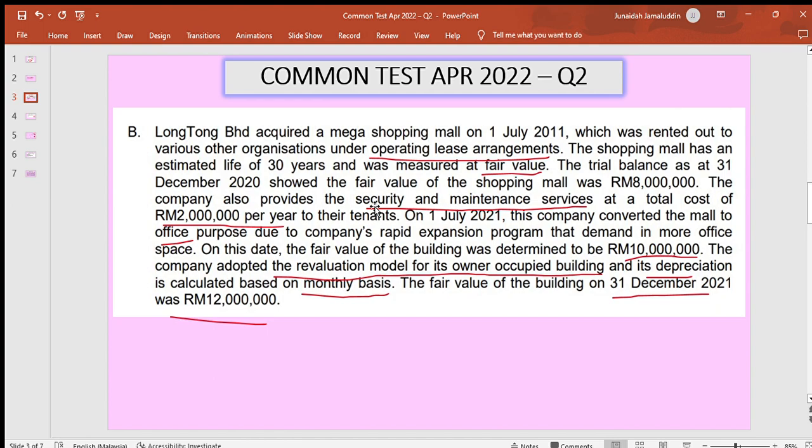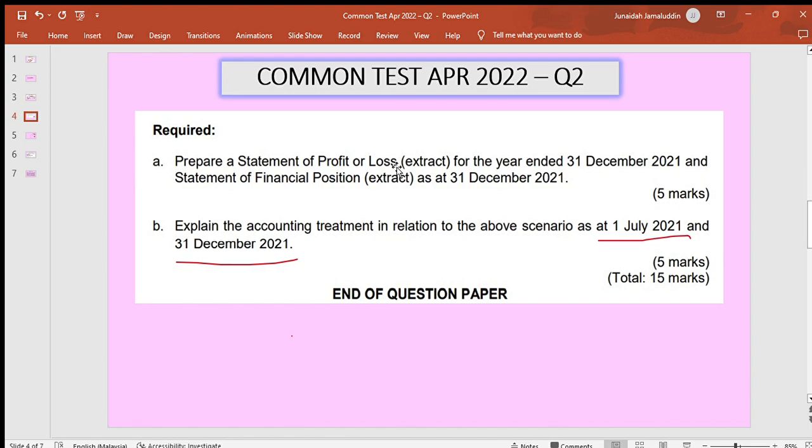It is not qualified as IP if the company provides significant services at the property. But since it is not mentioned, we can assume that the services provided are insignificant to the arrangement of the property as a whole. So the shopping mall is still qualified as an investment property since the mall was leased out to the tenant under operating lease arrangement.